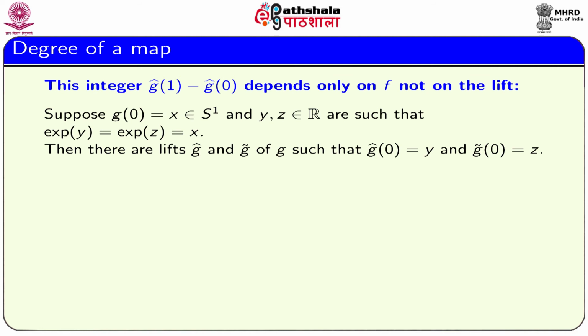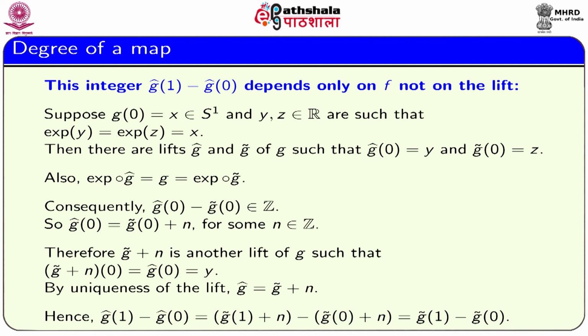For that, suppose g(0) is x, which is on S1, and we take y, z, 2 points from R such that exponential evaluated at y is equal to exponential evaluated at z, and these two have the value x. Then there are lifts g cap and g tilde of g such that g cap(0) is y and g tilde(0) is z.